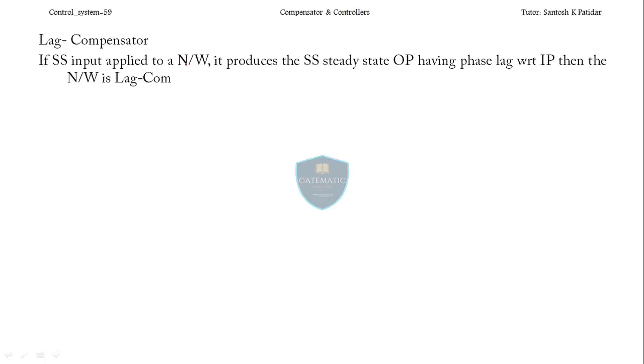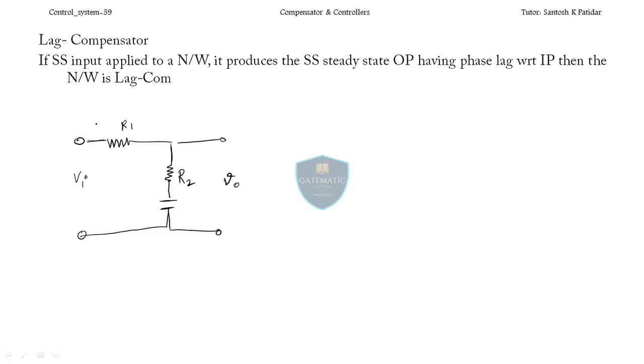Say you are going to apply a sinusoidal input, and let's take its phase as 0. When you apply that to the lag compensator, the phase of the output will be lagging. So here you can see this is the lag network.